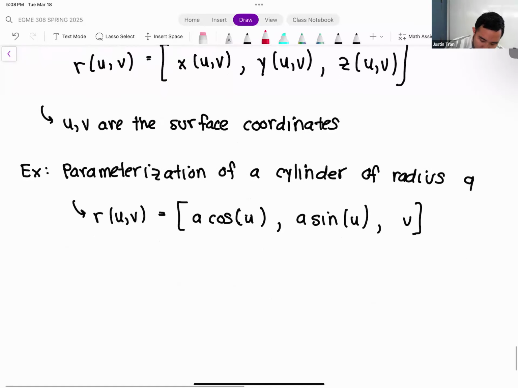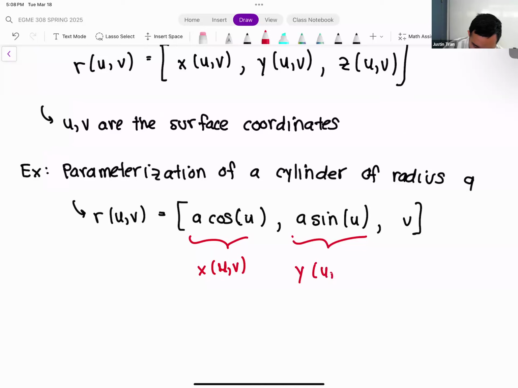Where this first component is our x of u and v, this is our y of u and v, and this right here is our z of u and v.